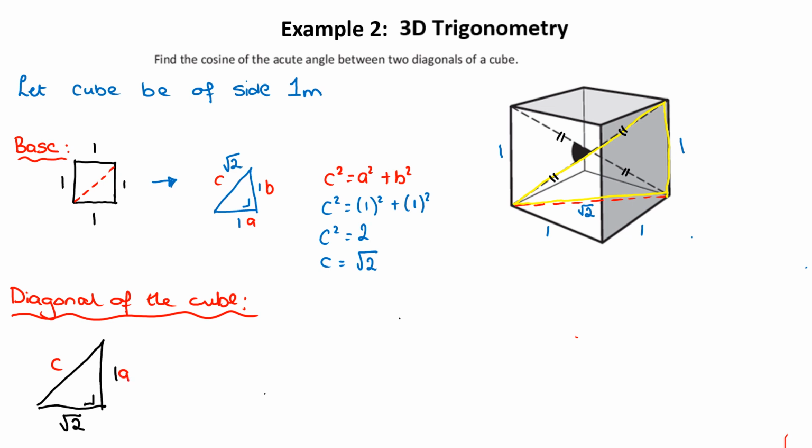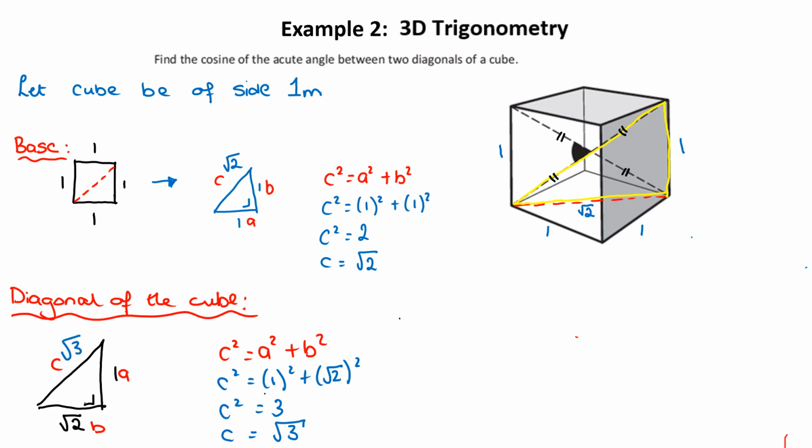So this is CAB. C squared equals A squared plus B squared. So we get C squared equals 1 squared plus root 2 squared. So C squared is equal to 3. So C is equal to the square root of 3. So that comes here, root 3. And that is the whole diagonal across there.